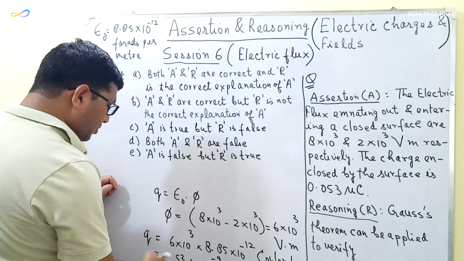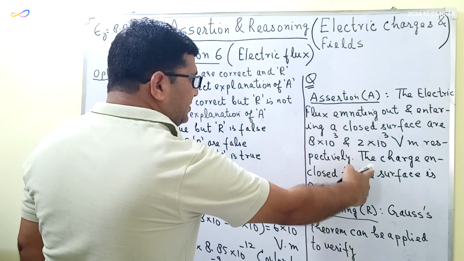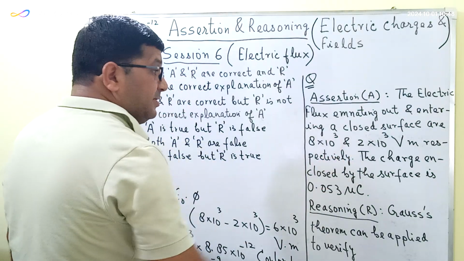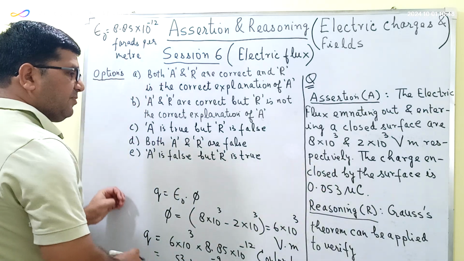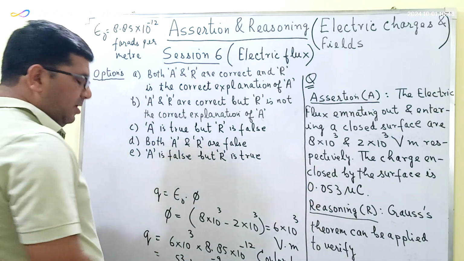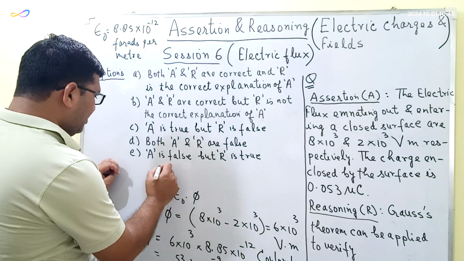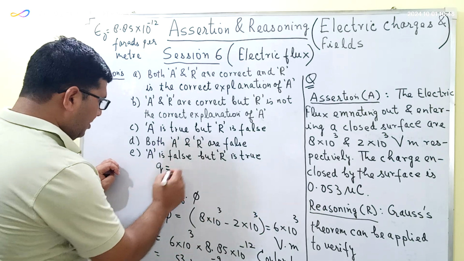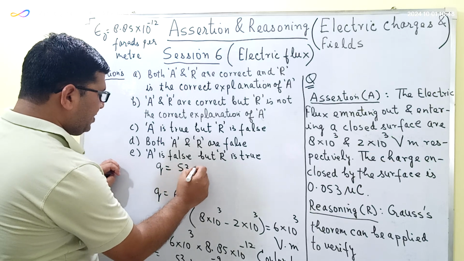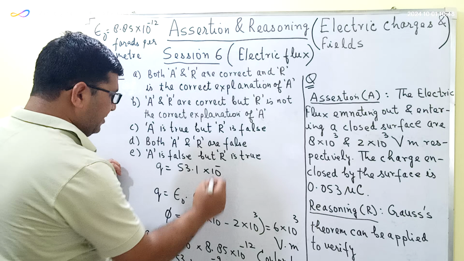So here the answer in the assertion, the charge enclosed by this closed surface is given as 0.053 microcoulomb. So I will just try to write this value in terms of microcoulomb. So Q will be equal to 53.1 into 10 to the power minus 9.